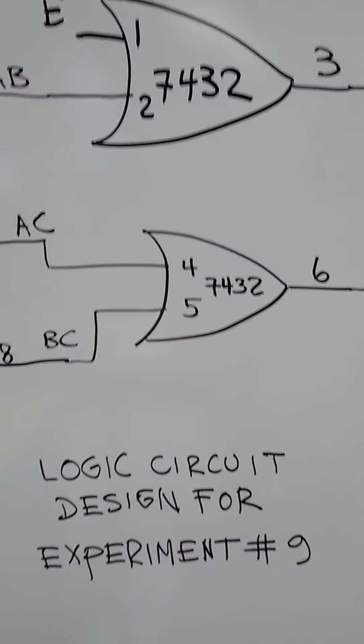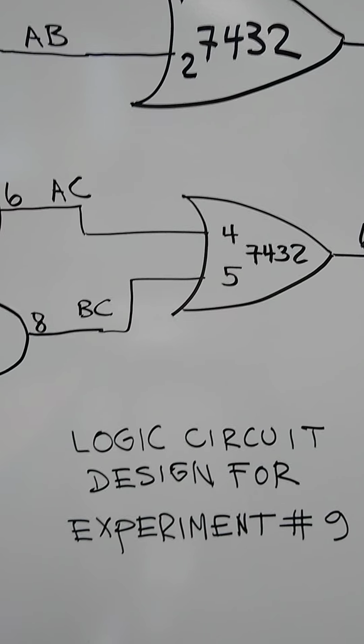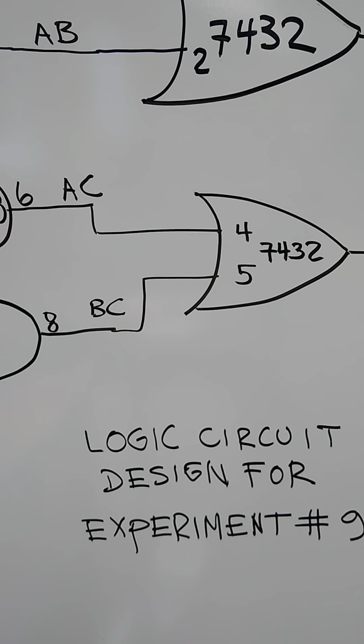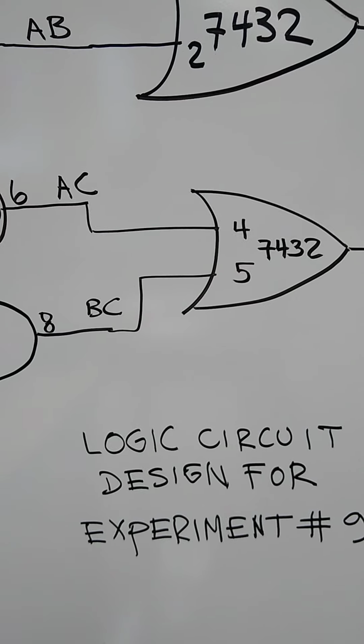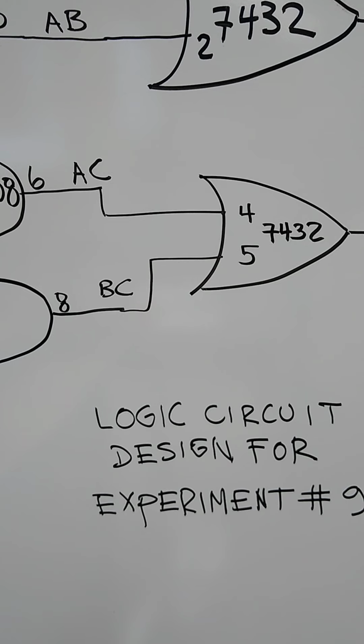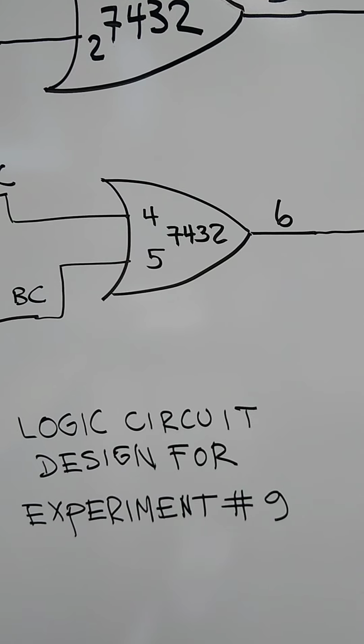Okay? So same thing with the product of AC. I'm going to send it to the input number 4 in the second gate in the 7432, and to the input 5 to have the output in pin number 6.